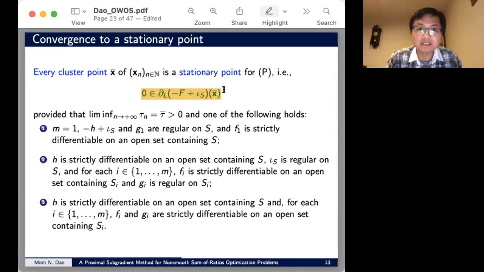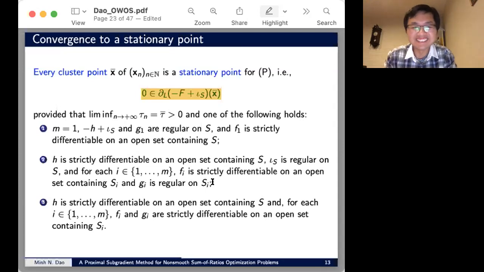In some literature we also call it the critical point. I will not go into the details of the conditions here because it is quite long.